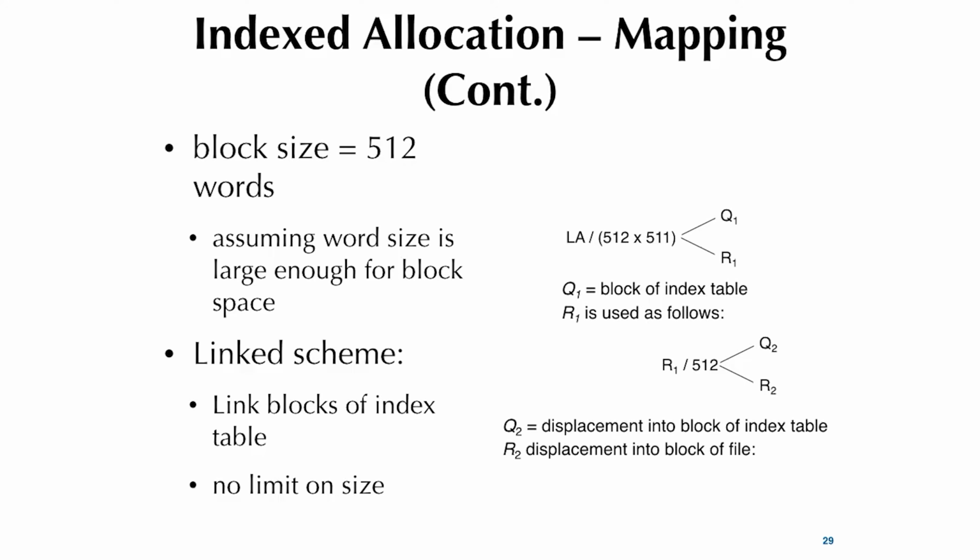Assuming the word size is large enough, the link scheme, where the link block of the index table can have additional entries, means there's no limitation, because you can just keep linking, and each time you have more entries.